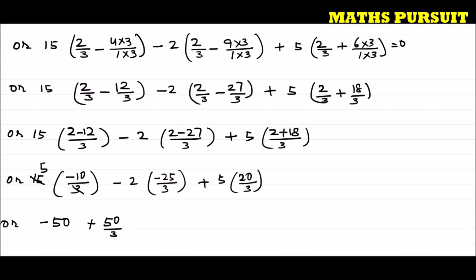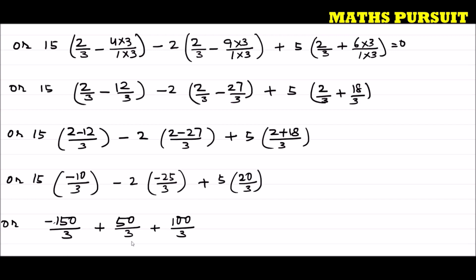Instead of cancelling anything, let us keep things like that. So 15 into minus 10 is minus 150, minus 150 divided by 3, minus 2 into minus 25 is plus 50, plus 50 by 3, plus 5 20s are 100, 100 divided by 3.